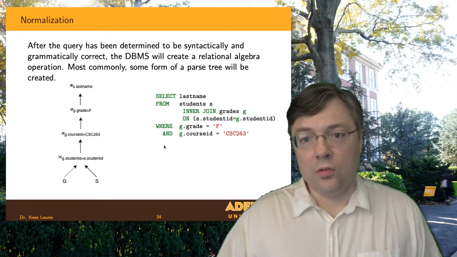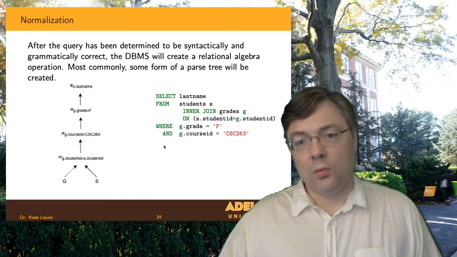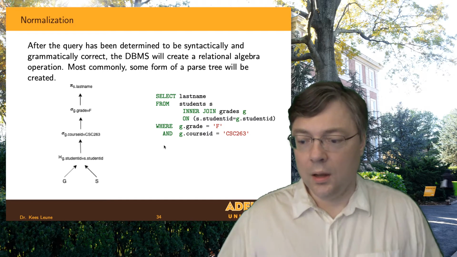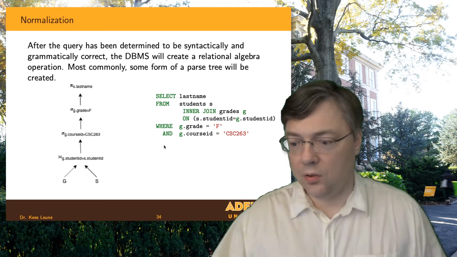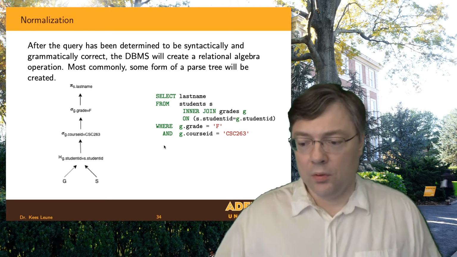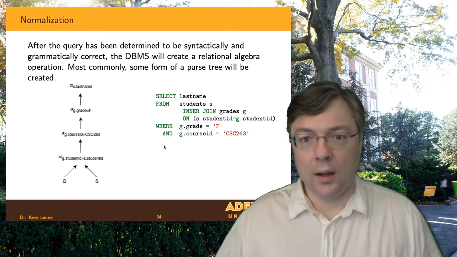Now at that point we can just start building a parse tree, which basically, if we look at how this works, we'll start at the bottom with our two original tables, G and S, and we're going to join those tables G and S together using, and remember that butterfly symbol, that was the symbol for an inner join on the common ID.